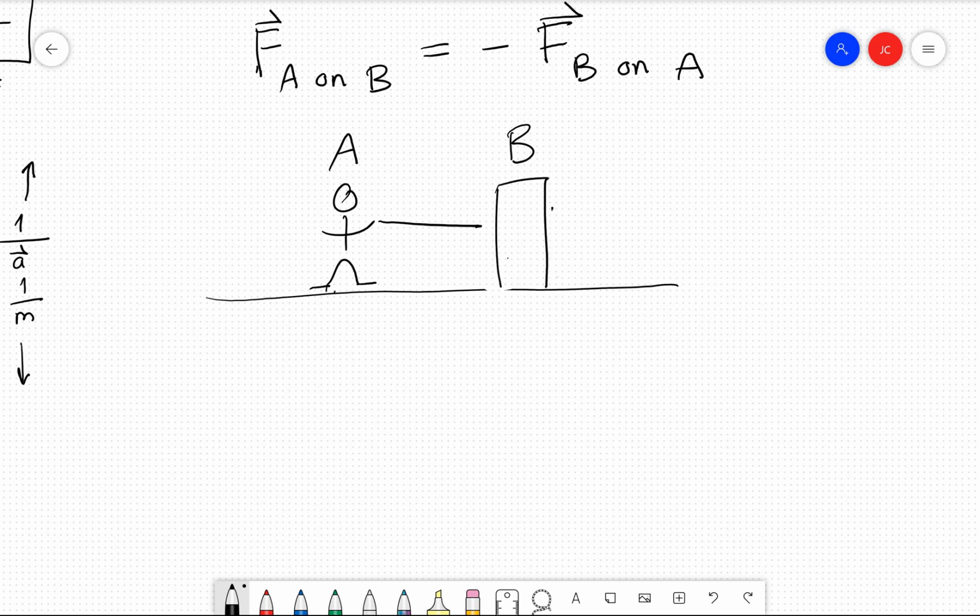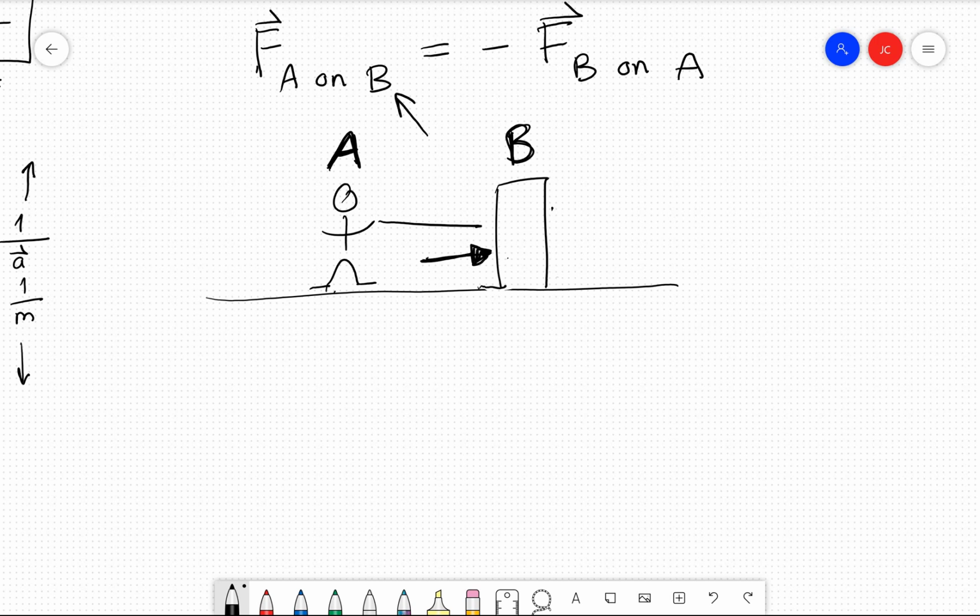Walls don't move. That's hopefully why there's walls. If you have a wall that moves, probably an issue. So, if person A applies a force, this is force A on B, because the body A, this person, is applying a force on B. So that is this thing here.